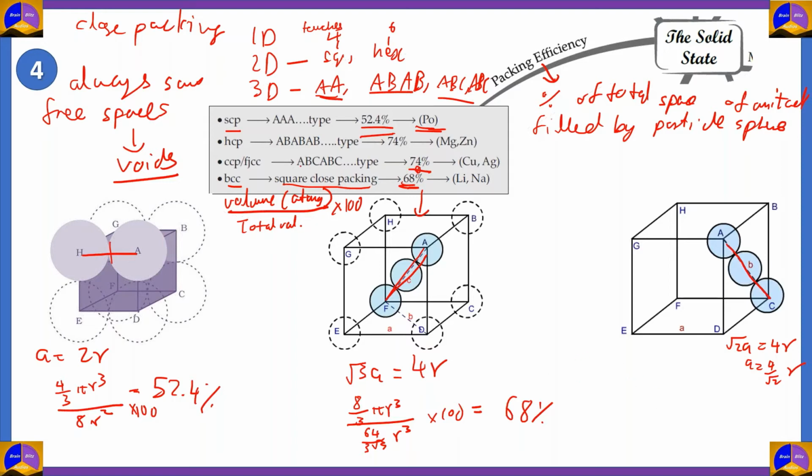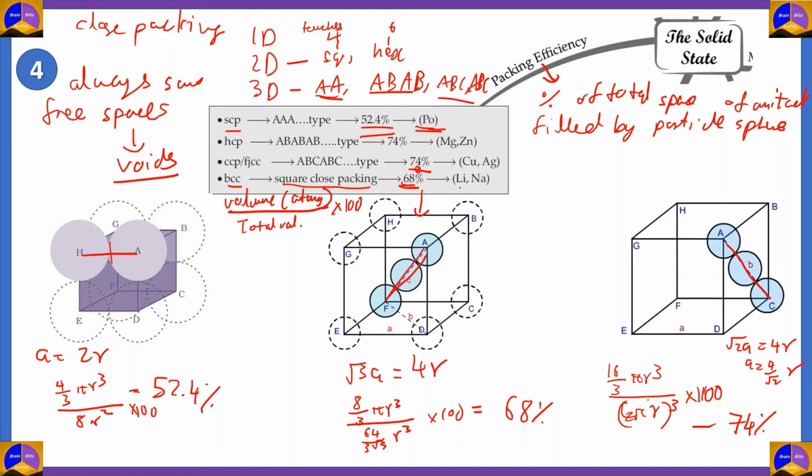When we look at the formula, volume of the atoms present in this cubic cell divided by total volume, the value becomes 16 by 3 pi r cubed divided by 2 root 2 r the whole cube, times 100. That gives you a value of 74%. So 74% of a cubic close packed cell contains the atoms in question.